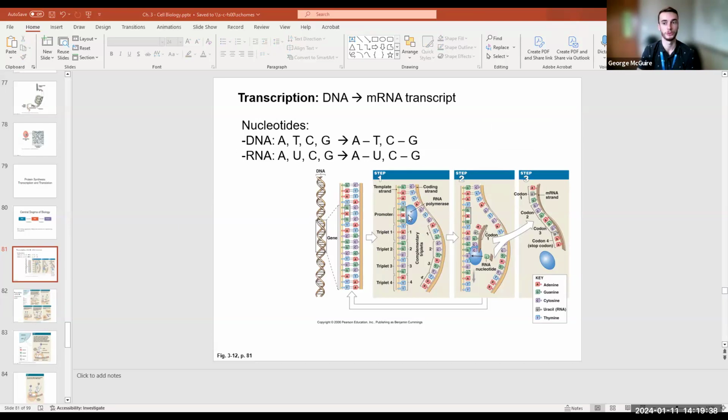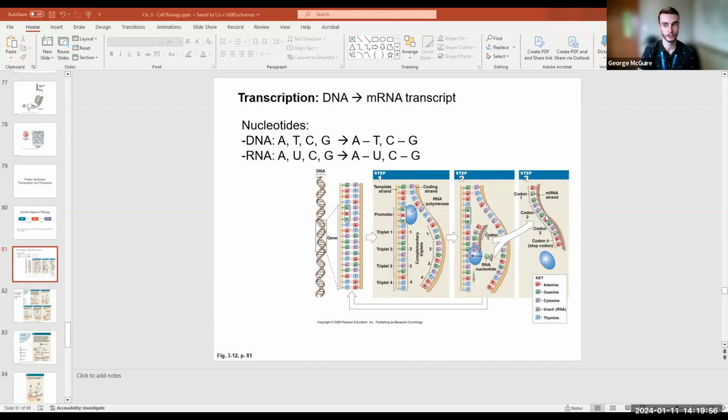And then it'll start to move down the template strand, and one at a time, it'll start building this mRNA transcript. It'll just add the complementary nucleotide until we have a long strand of mRNA, which codes for the specific gene that we were just reading.